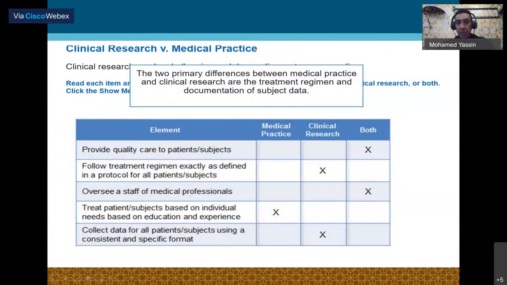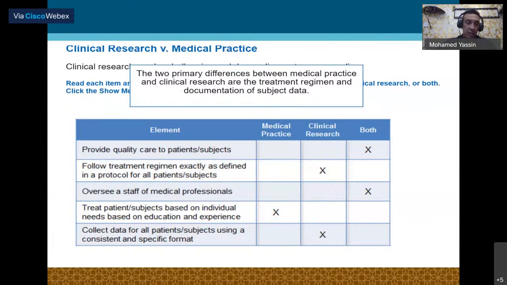If we go to point number 2, which is follow treatment regimen exactly as defined in protocol for all patient and subject, this is very specific to clinical research, because in clinical trials you have inclusion and exclusion criteria, which are clearly demarcated in the protocol, and you have to follow it exactly.